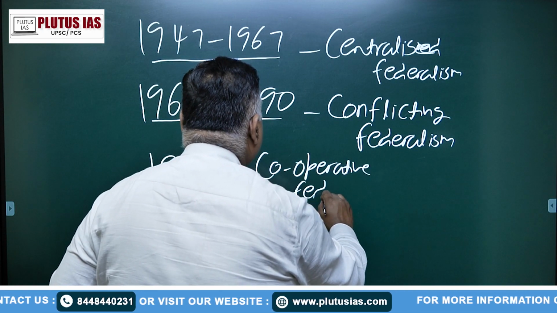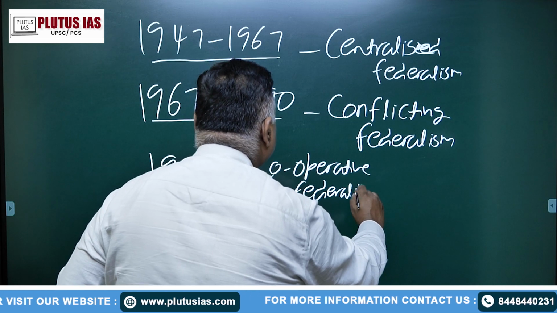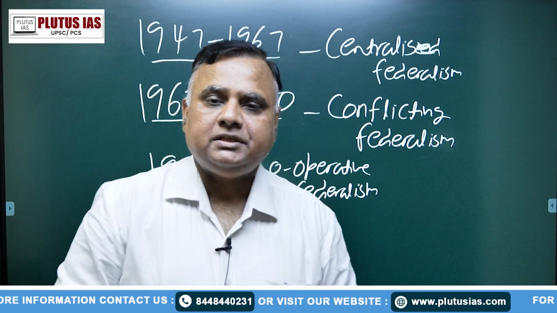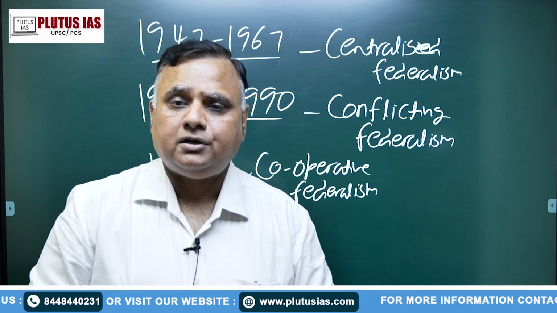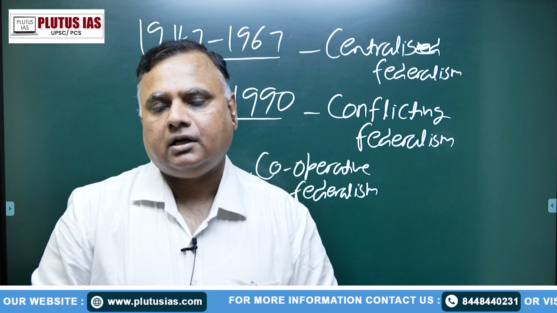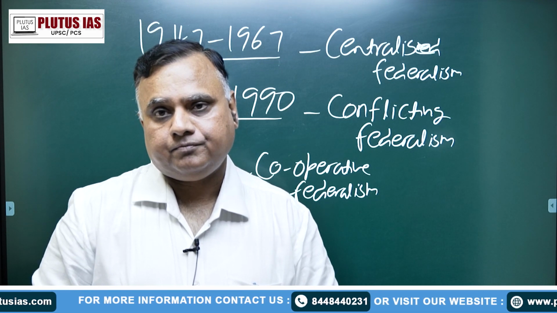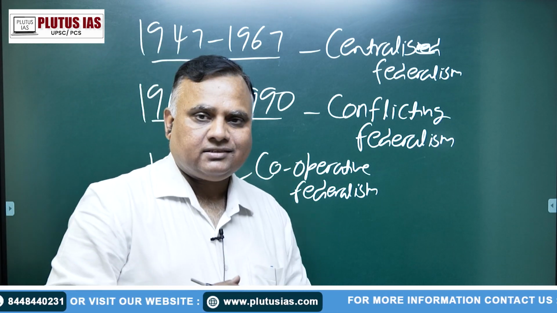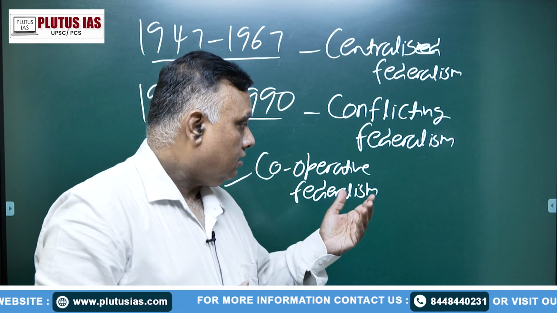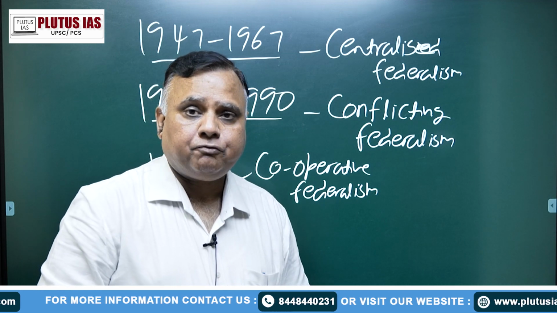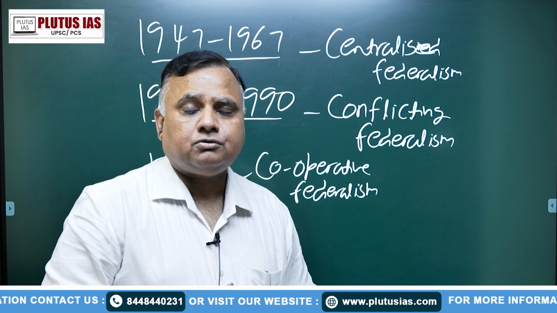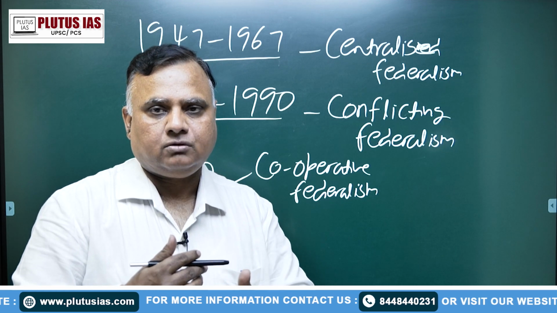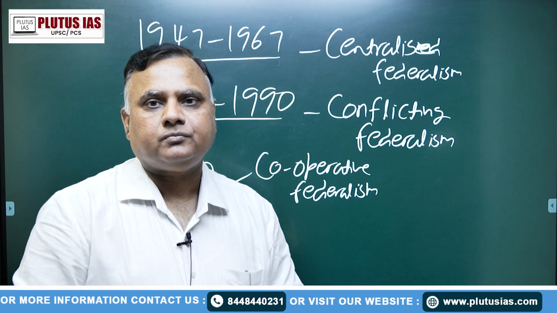Within the same framework of the constitution, cooperative federalism means states are partners of the center, not assistants of the center. For the sake of uniformity in taxation or tax reforms, or for LPG or economic reforms, the center must have a partnership with the states, a cooperative role with the states.